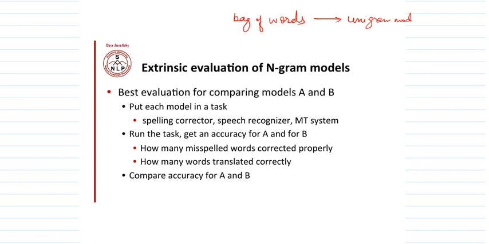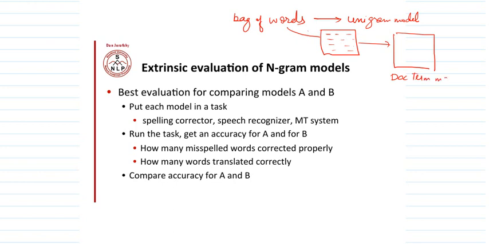We just have the count of all single words, and the bag of words model says that a document is composed of words, and we represent this document with the help of a document term matrix, right?